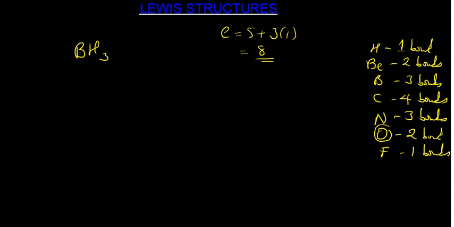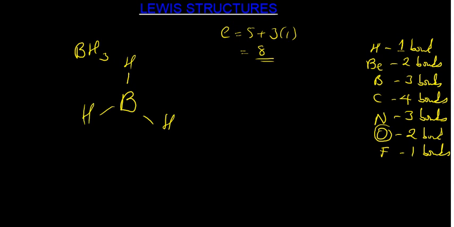But if you draw boron, I don't know if we can call it boron trihydride. I don't know the name they call it. So BH3, we have got B, and then H there, and then H there, and then H here.